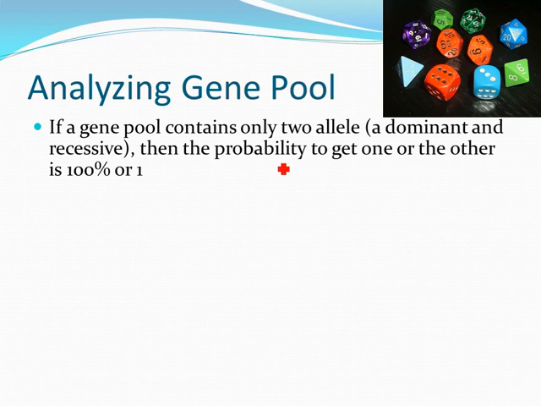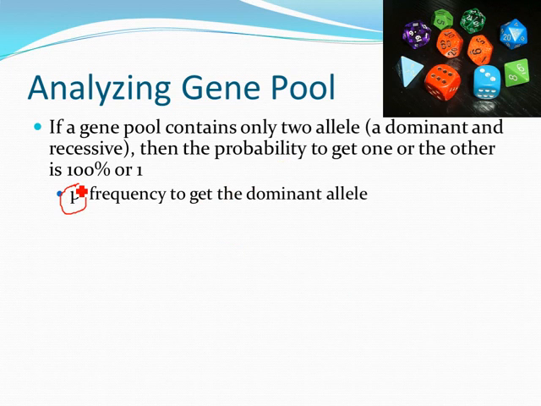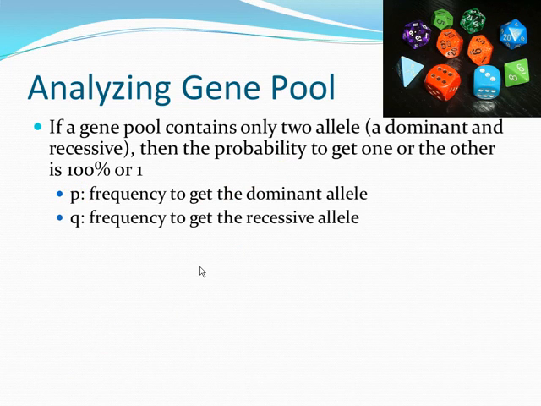Usually they use lowercase p to denote the frequency of the dominant allele, and lowercase q to denote the frequency of the recessive allele. So you get this equation: the frequency of the dominant allele added to the frequency of the recessive allele gives us all the alleles within that gene pool.